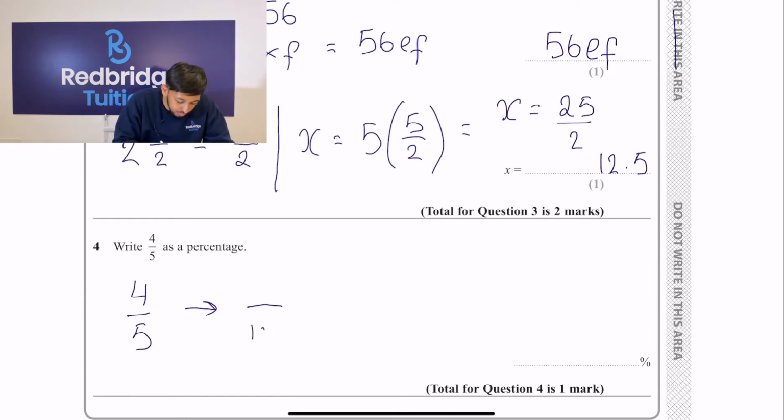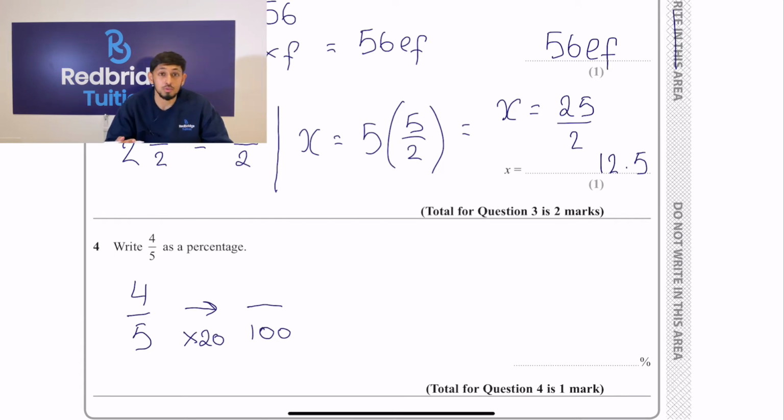Now, the question is, how did we get from 5 to 100? We had to times 5 by 20. If you do an action on the denominator, we have to do the same action for the numerator to find the equivalent fraction.